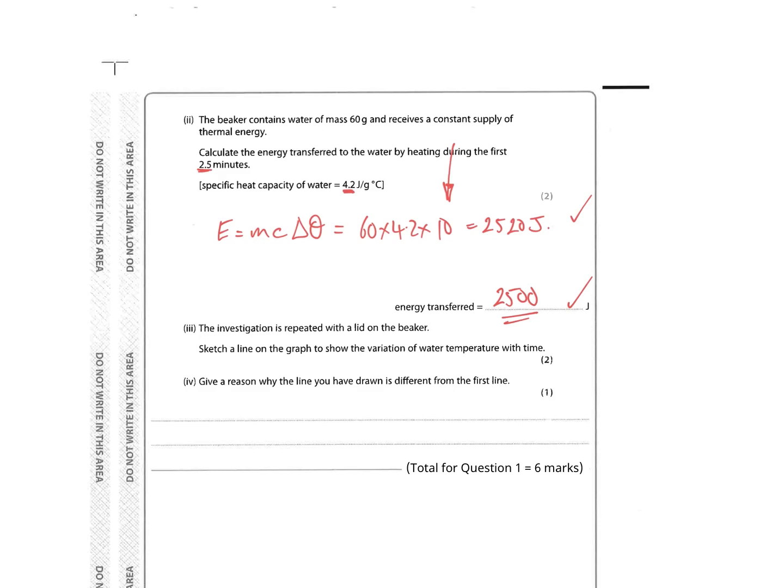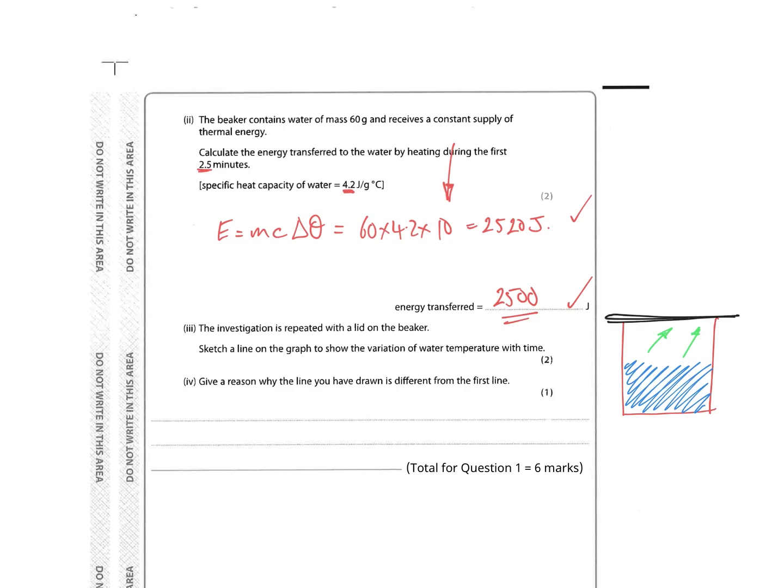The next question then talks about sketching a line on the graph to show the variation in temperature with time when a lid is placed on the beaker. Now, if I just do a little diagram here, if we've got a lid on the beaker, then what's happening is that's preventing water molecules from evaporating out of the top.